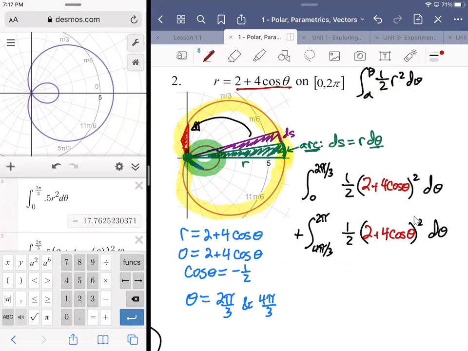The benefit of doing it using the Desmos calculator as opposed to the graphing calculator, the TI, is that I accept Desmos work as work, right? So on a test, if you're allowed to use a Desmos calculator, which you will be, I allow you to submit your work from Desmos as a solution to a problem, right?